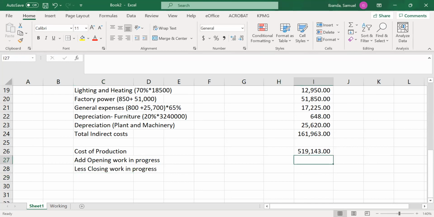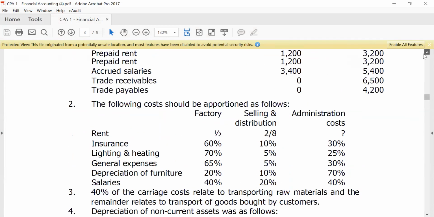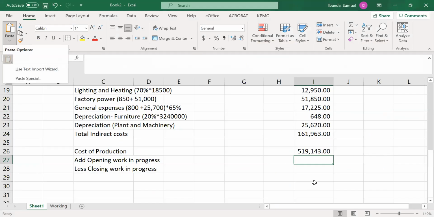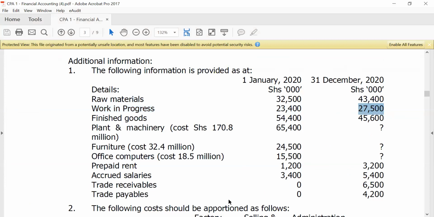So our opening work in progress, from what we have been given, you go back to your question and look for the opening work in progress. It is within our balances brought down here. This is the opening work in progress, 23,400, and then this is the closing. So I'll record this one here, and then I'll record my closing as well, which I'm lessing, which is 27,500.